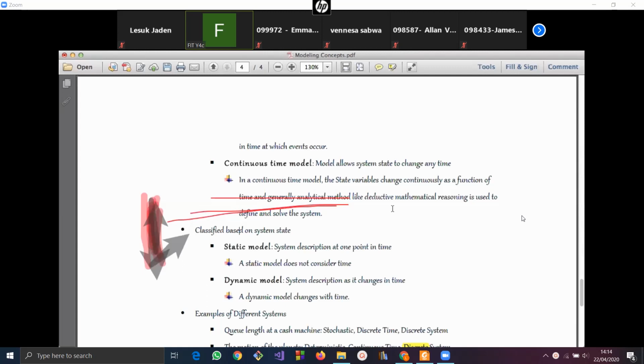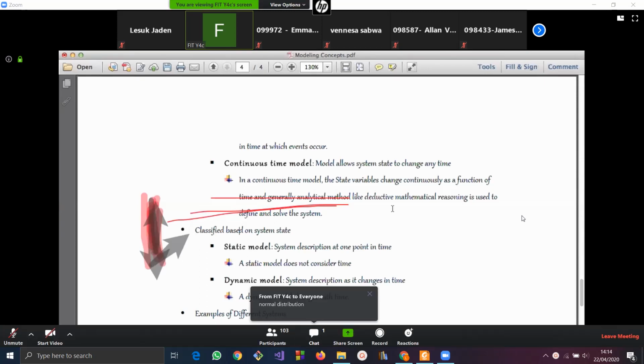If you remember the normal probability distribution, the normal probability distribution is a continuous function, and when we say it's a normal continuous model, then we normally say it is probabilistic because it's dependent on probability, right?